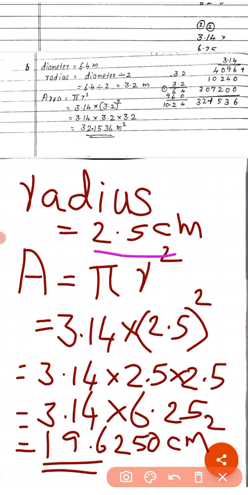Substitute the given value of R, that is 2.5 whole squared. 2.5 whole squared means 2.5 into 2.5. This step is very important, children. Multiply 2.5 into 2.5 first, that is 6.25. Then 3.14 into 6.25 is equal to 19.6250 centimeter square, since the radius is in centimeter.